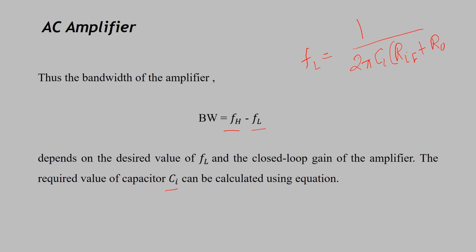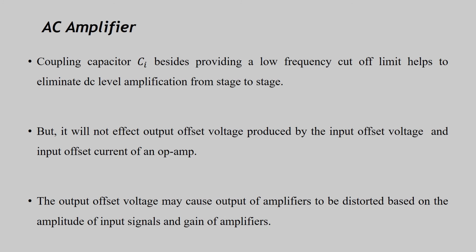So this is how we will calculate FL. The coupling capacitor Ci, besides providing a low frequency cutoff limit, also helps to eliminate DC level amplification from stage to stage, but it will not affect the output offset voltage produced by the input offset voltage and the input offset current of the op-amp.